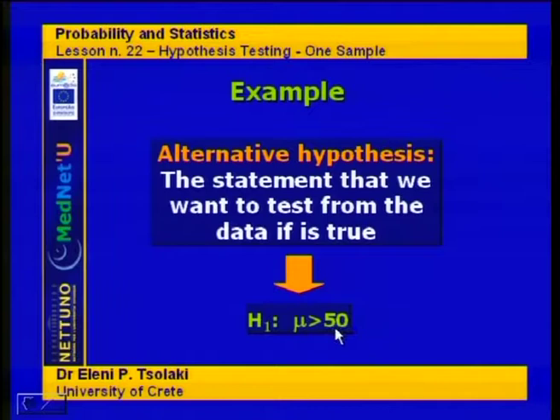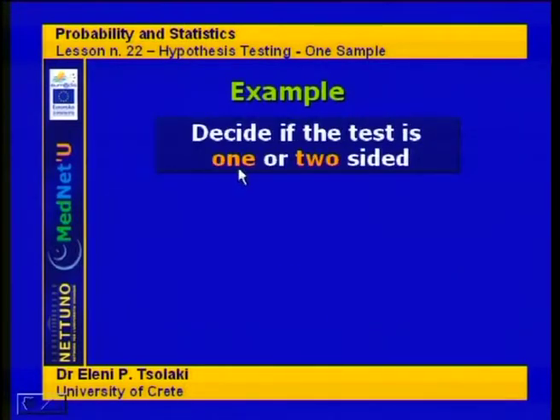It has increased. The alternative hypothesis is denoted using the capital letter H with a subscript 1. Now the second step we said is to decide if the test is one or two-sided.